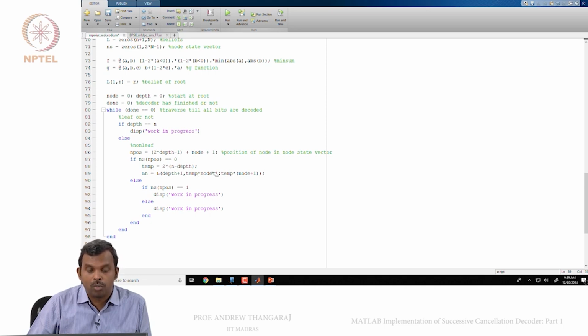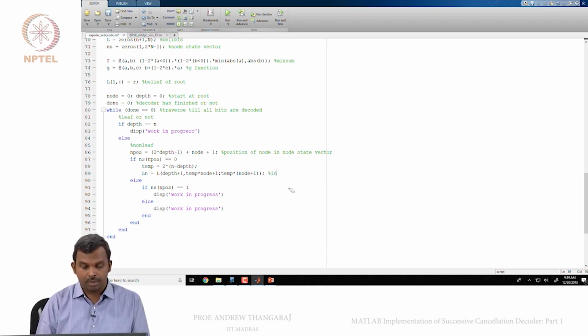So it will go from 1 to 2 power n. Temp is 2 power n, node is 0, so it will go from 1 to 2 power n. So it seems fine. So Ln is my incoming beliefs.